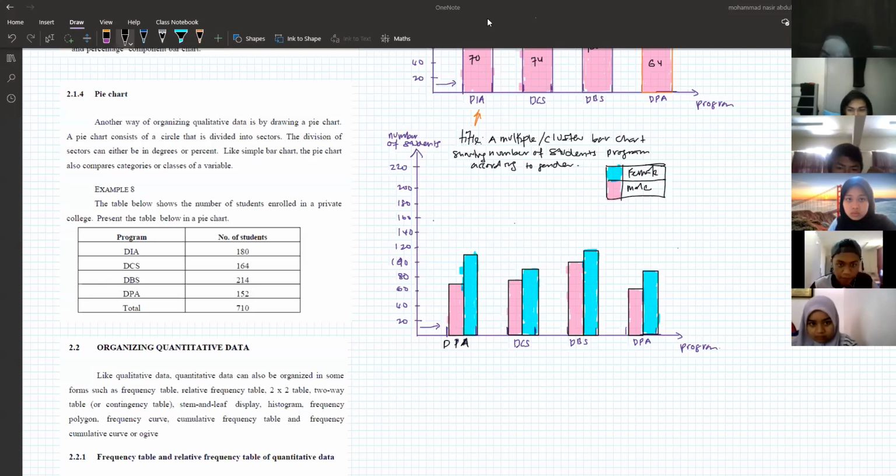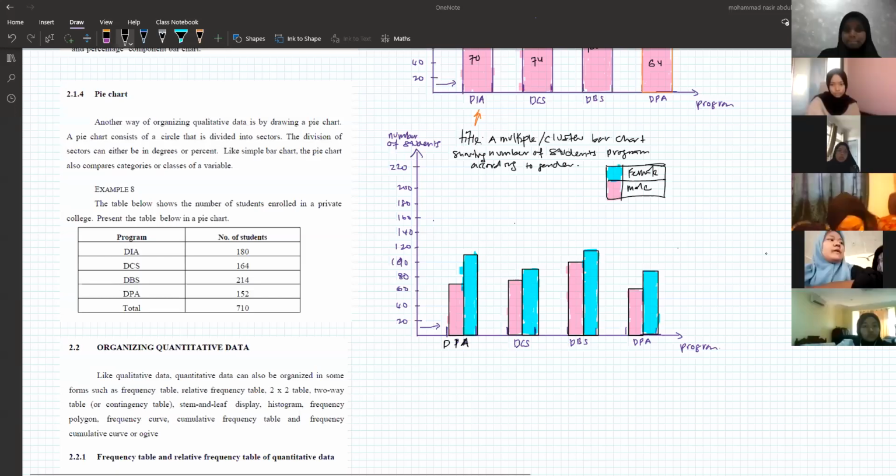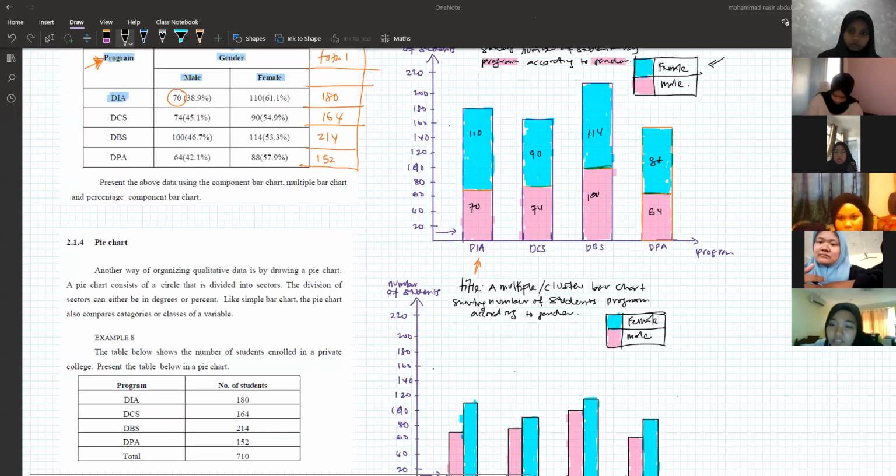So far, do you understand how to construct a bar chart? So far we already know we have 4 types of bar chart: simple bar chart with the vertical or horizontal bar chart, and then cluster bar chart or multiple bar chart, and we also know component bar chart or stack bar chart, right?